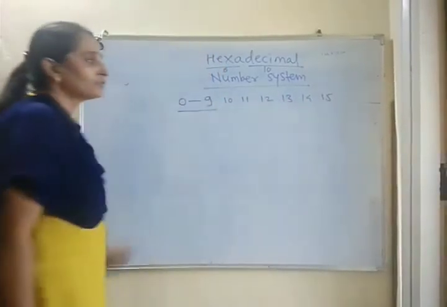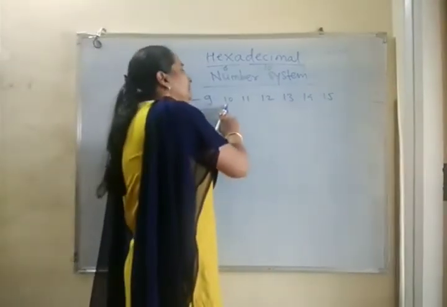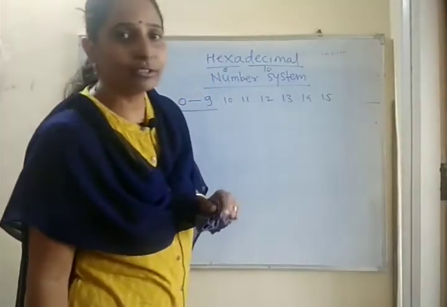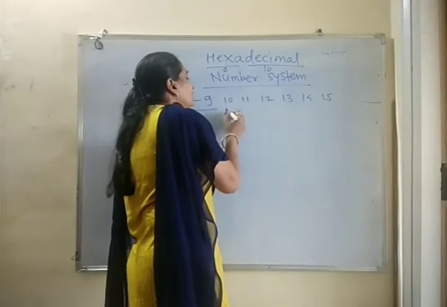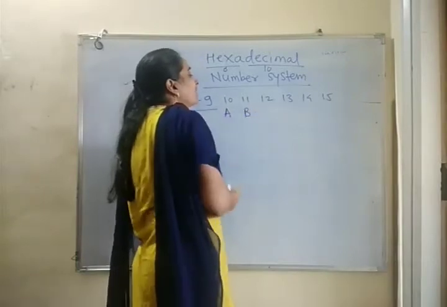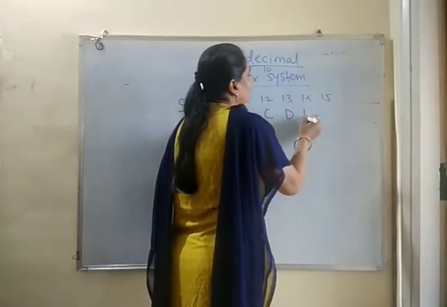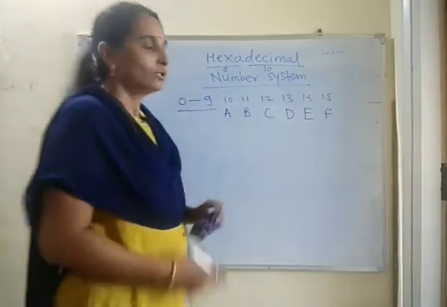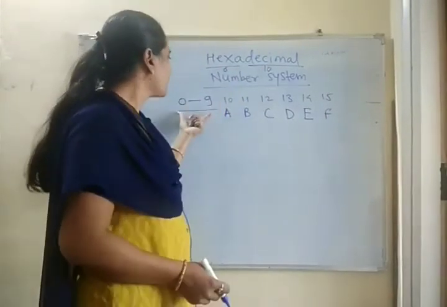These are the numbers which are included in this hexadecimal number system, but these are not used as 10, 11, 12, 13, 14. Their representation is used. So 10 is represented as A, 11 as B, 12 as C, 13 as D, 14 as E and 15 as F. So 0 to 9 as it is decimal numbers are used here.